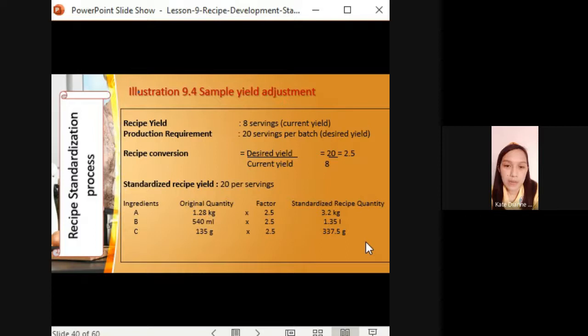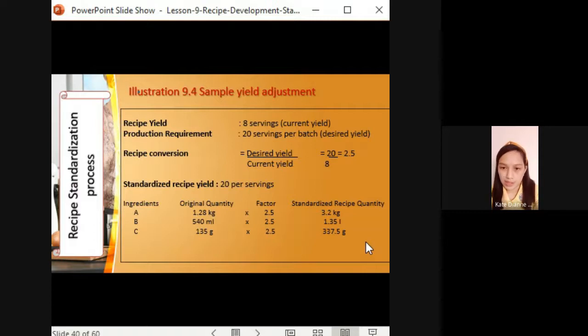So, for the letter B or ingredients B, the original quantity is 540 ml multiplied by the factor 2.5. So, the answer will be 1.35 as well as the ingredients or the third ingredients, 135 grams multiplied by the factor 2.5.